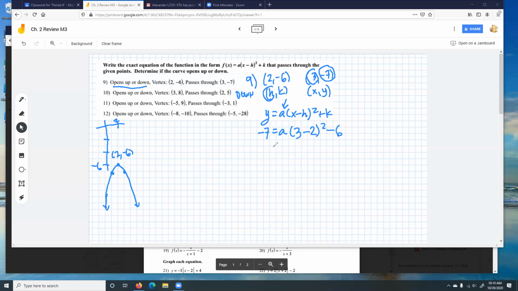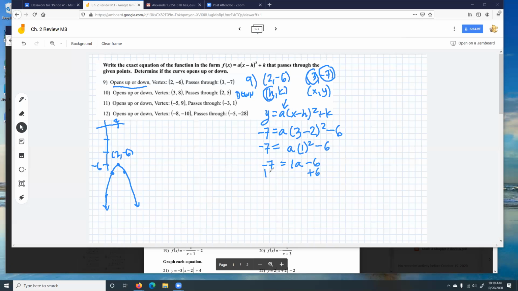Now we simplify using order of operations. Parentheses first: 3 minus 2 is 1, squared, times a, minus 6 equals -7. We multiply first because multiplication comes before subtraction. You do not subtract first. So this gives me 1a, or just a, minus 6 equals -7. That is the order of operations for that.